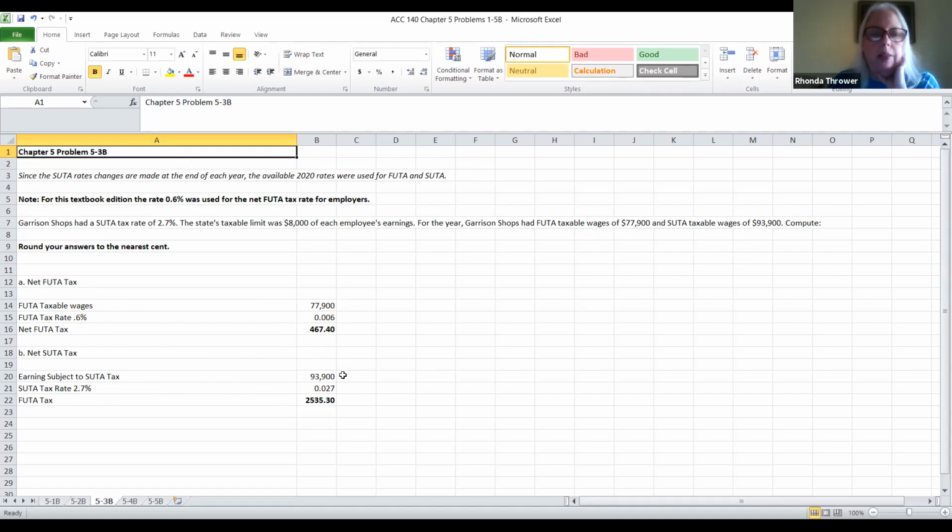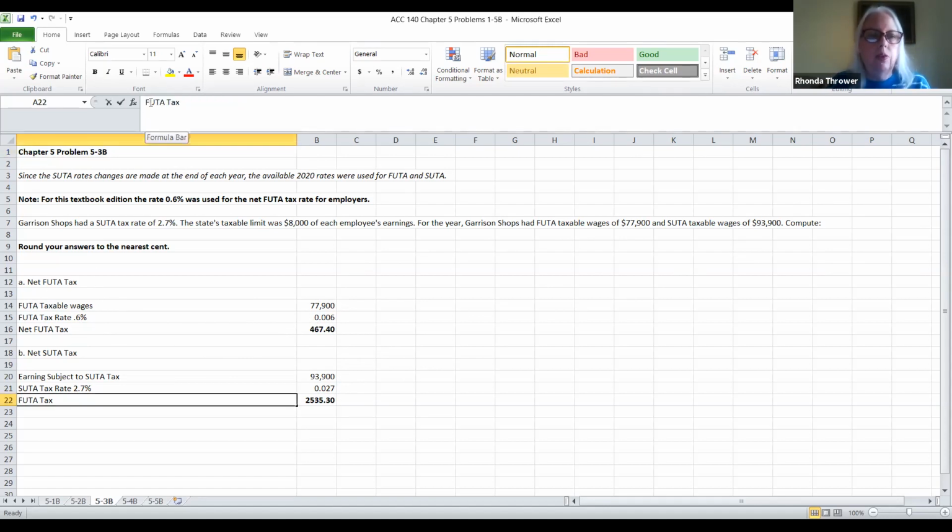We're going to multiply that by the SUTA tax rate of 2.7%, and that will give you the SUTA tax that was paid by the employer of $2,535.30.